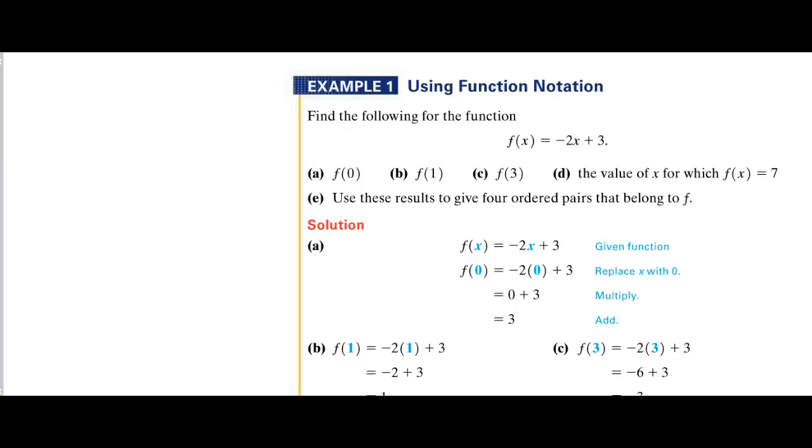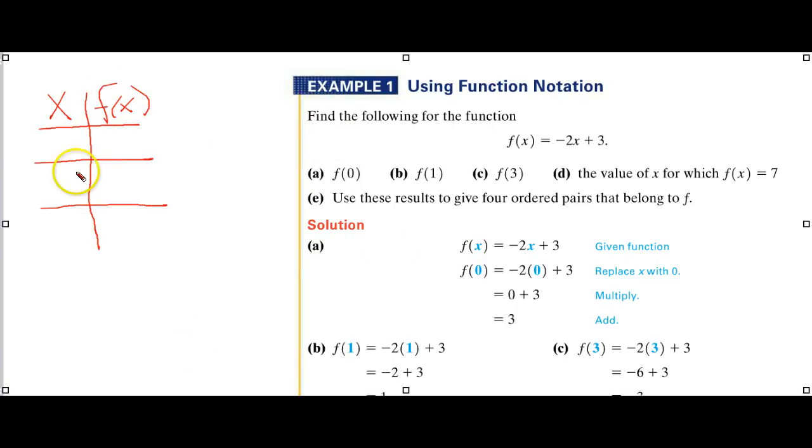Well, for this, I would suggest you set up a T-chart, and now you're going to place your values of x into the T-chart. If x is 0, if x is 1, if x is 3. And your equation is negative 2x plus 3. Well, if we substitute a 0 there, that's going to be 0 plus 3. So this value would be a 3.